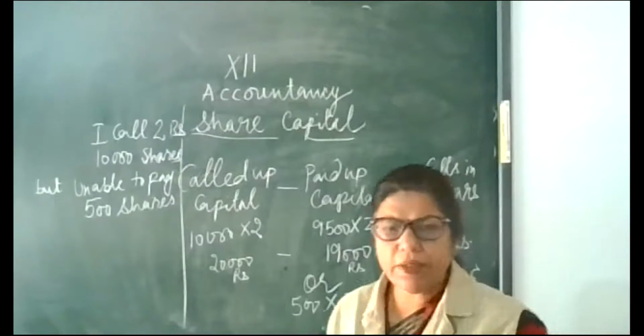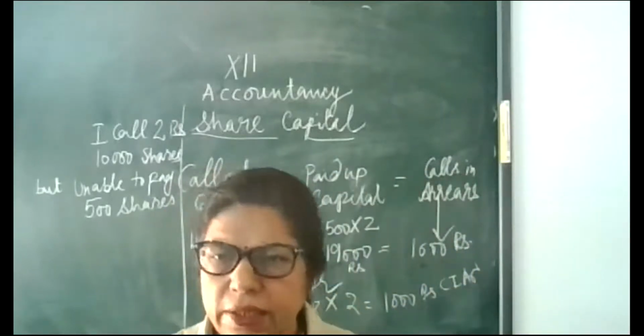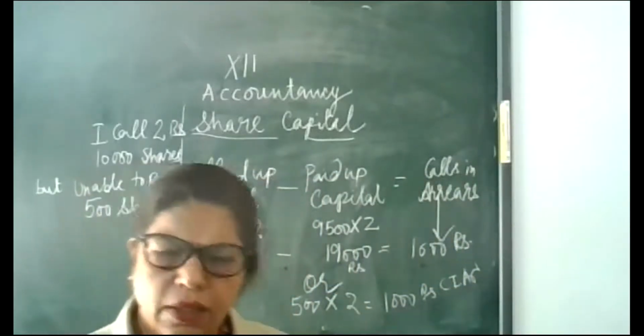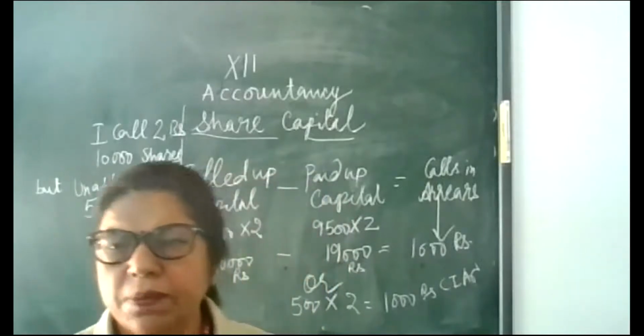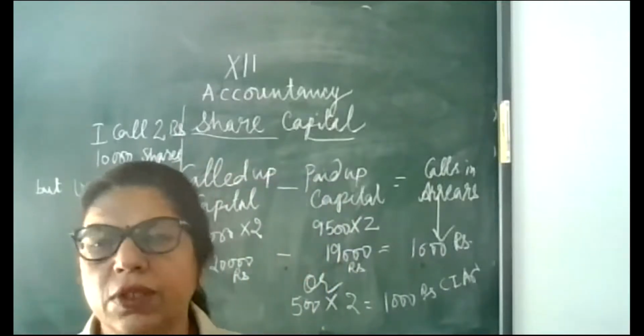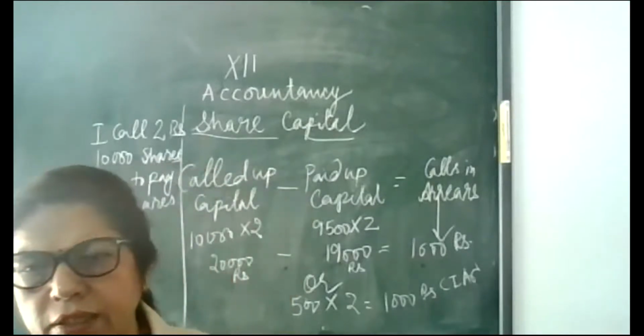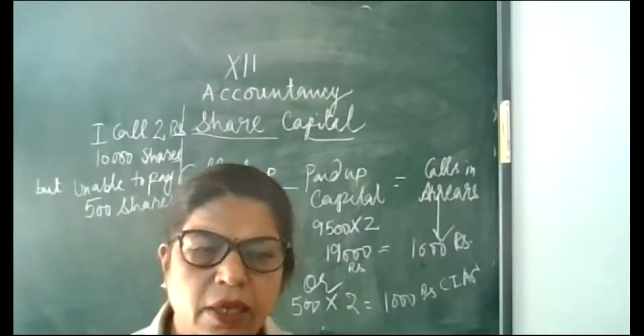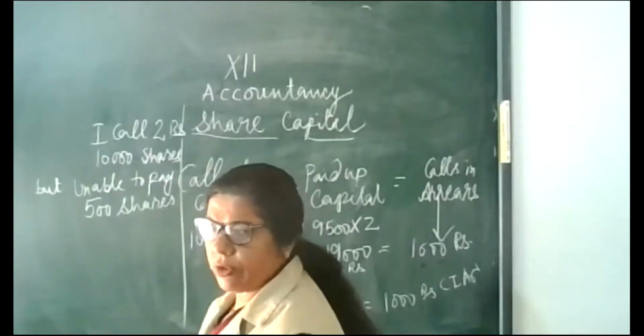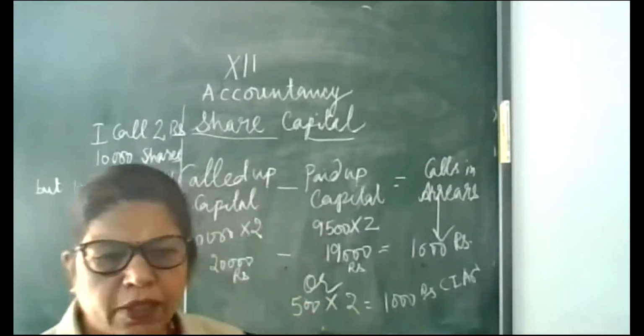Okay? So this way we can calculate arrears. This is possible in the routine work of the company. Various shareholders are there in the country, and many are unable to pay. So you can calculate arrears this way.